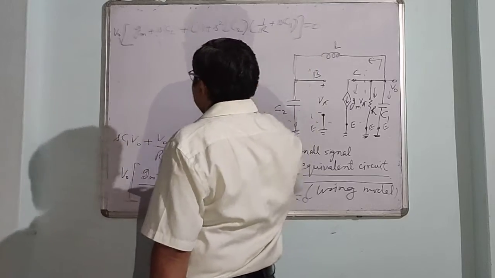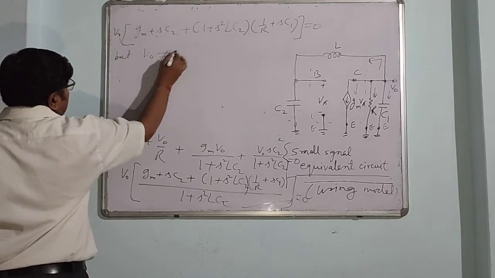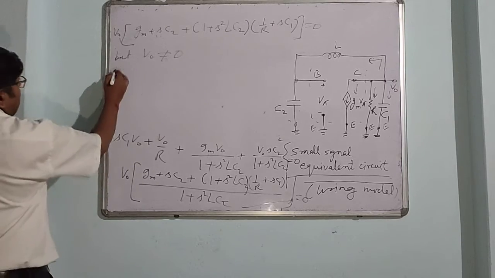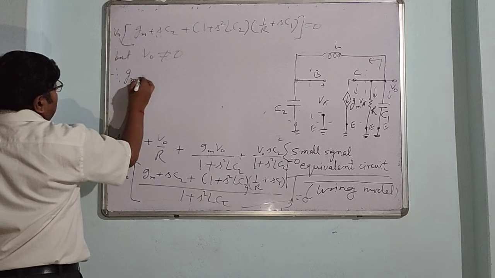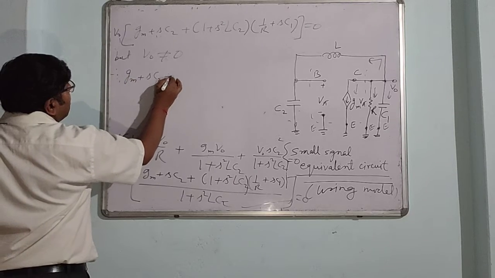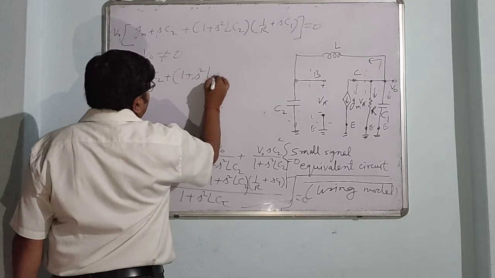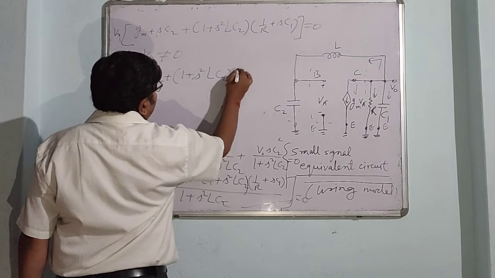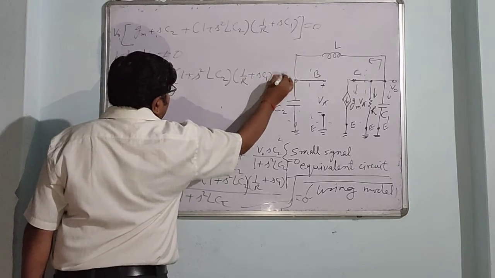This is equal to 0, but V naught is not equal to 0. Therefore, another factor is equal to 0. That is Gm plus Sc2 plus 1 plus S square Lc2 into 1 upon R plus Sc1 must be equal to 0.